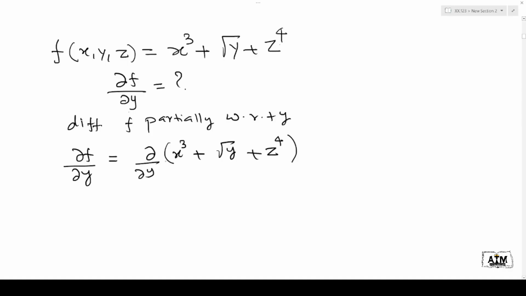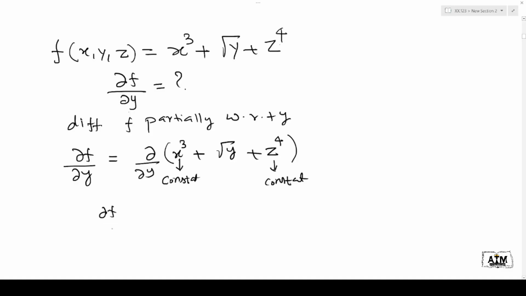While doing the partial derivative with respect to y, x is treated as constant and z is treated as a constant. Only y is a variable.